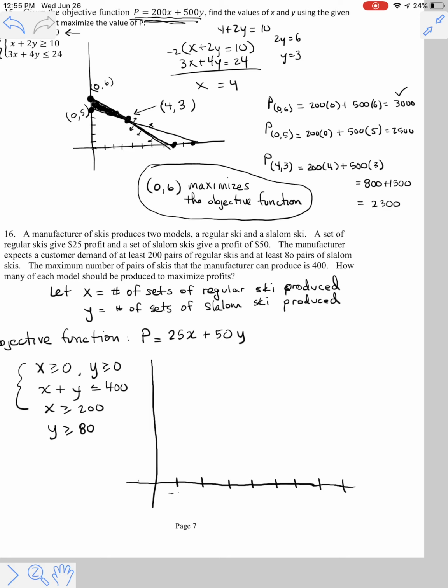And we're going to scale this by 50. Here we go.